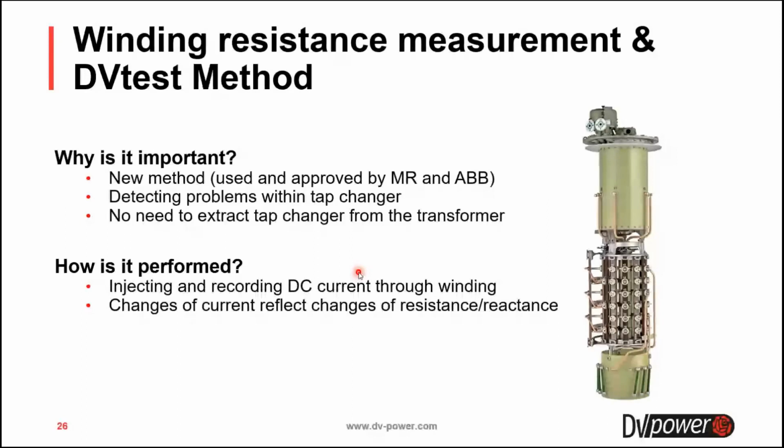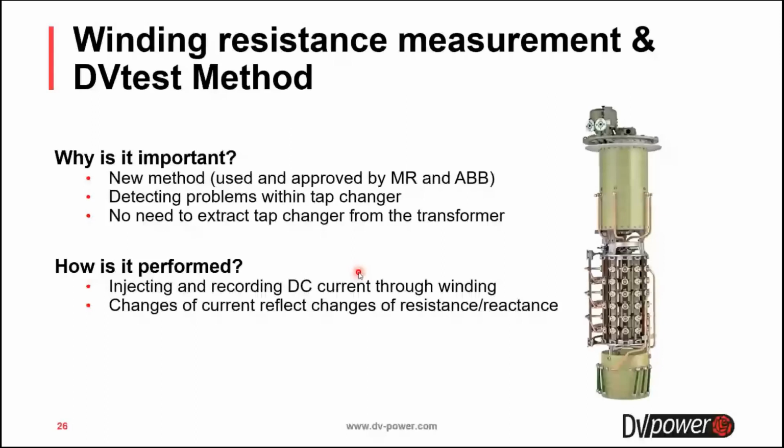This method, the DV test method, is used and approved by MR and ABB, the two largest manufacturers of OLTC. What can we do with this method? We can detect problems within the tap changer without needing to extract the tap changer from the transformer. That would be a very expensive and time-consuming job.